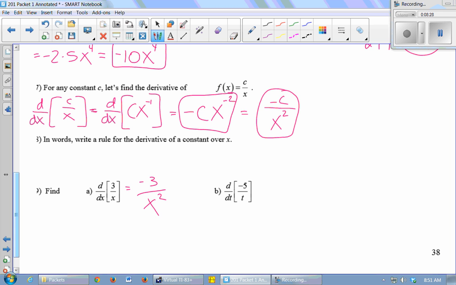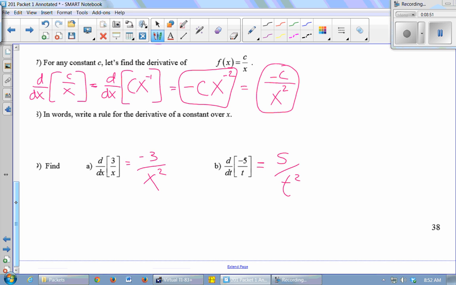What's the derivative of negative 5 over t? 5 over t squared. And if you forget this special formula for c over x, you can always rederive it or rewrite 3 over x as 3x to the negative 1 and use the power rule. You don't have to memorize that particular formula.